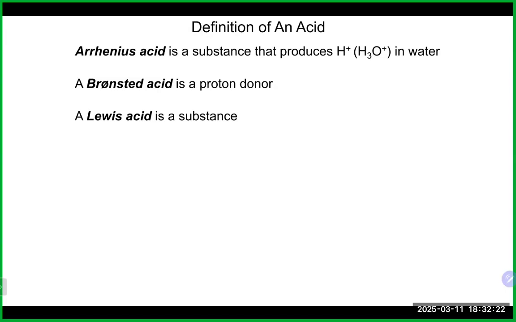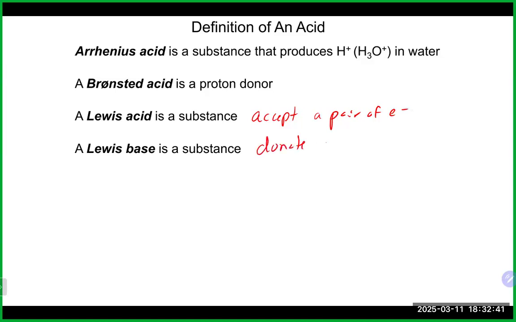A Lewis acid is a substance that will accept a pair of electrons. A Lewis base is a substance that will donate a pair of electrons. So a Lewis acid and base involves electron pairs being donated and accepted.